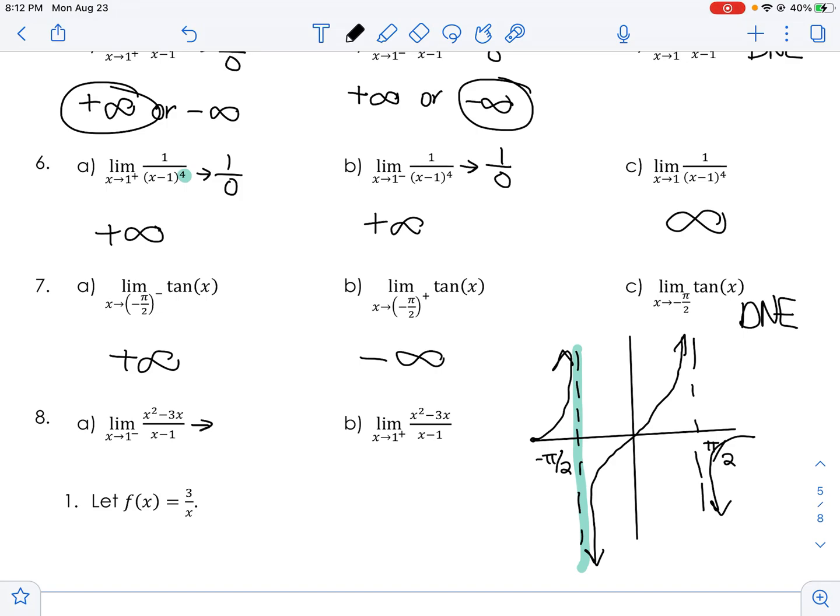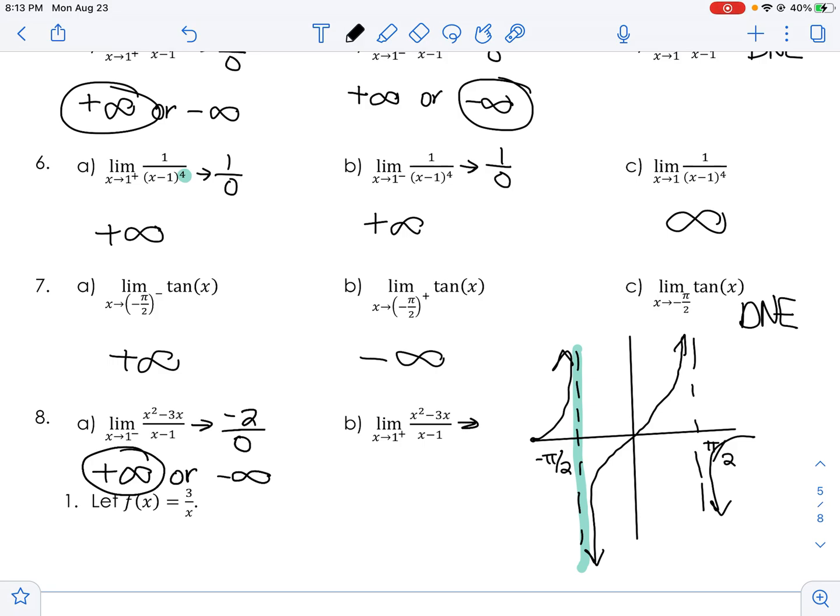So when I do that, I get 1 squared is 1 minus 3 times 1, which is negative 2. And on bottom, I get 0. So again, my option is positive infinity or negative infinity. Okay. So when I plug in 0.9999, I get a negative number in the denominator, and a negative 2 divided by a negative number in the denominator gives me a positive infinity.